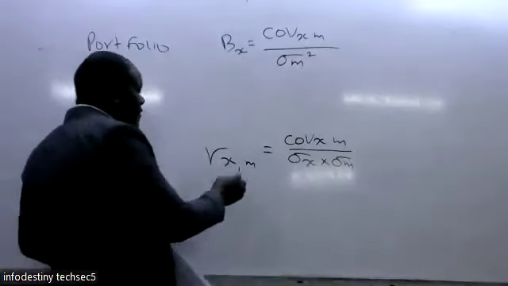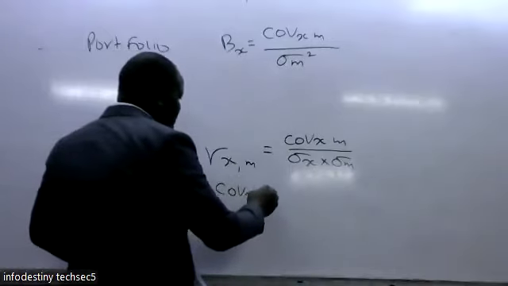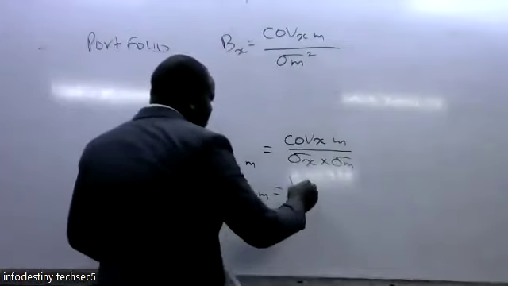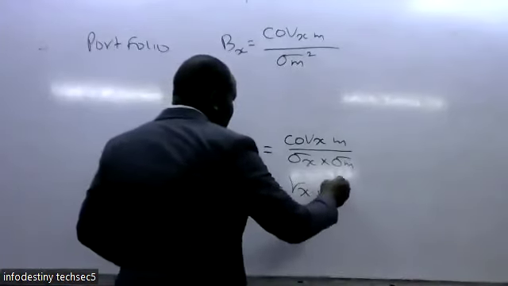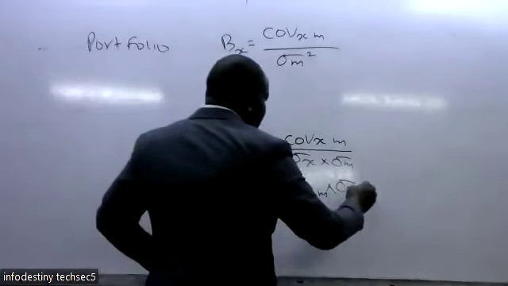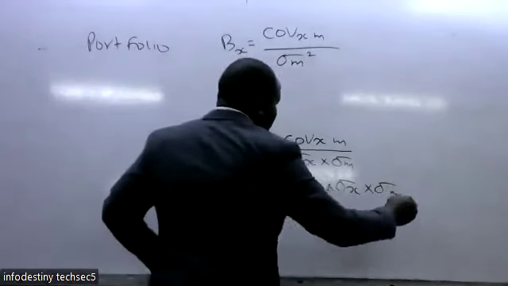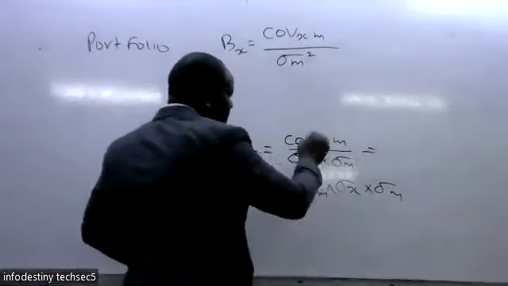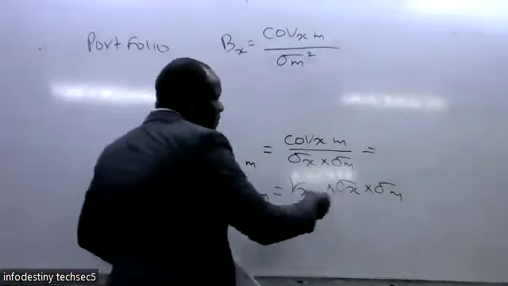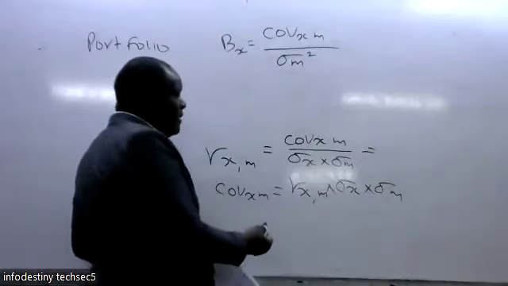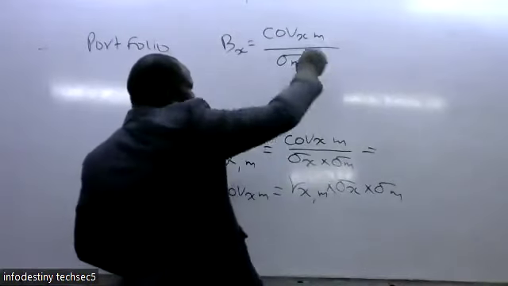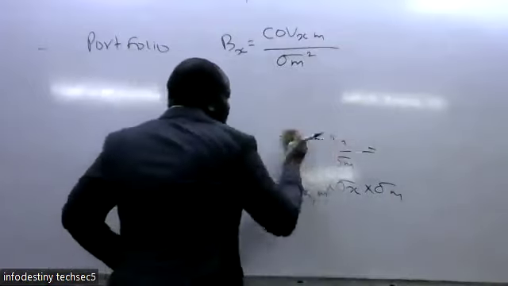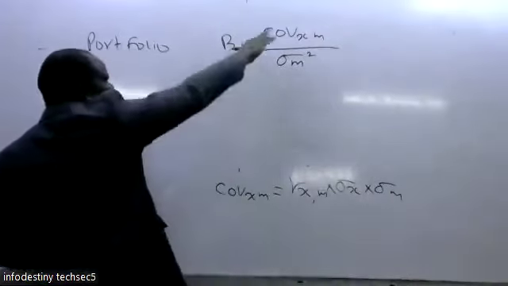So if I make the covariance the subject, it is the same as the correlation coefficient between X and the market, multiplied by the standard deviation of X and by the standard deviation of the market. So now where there is the covariance, I replace it with this.